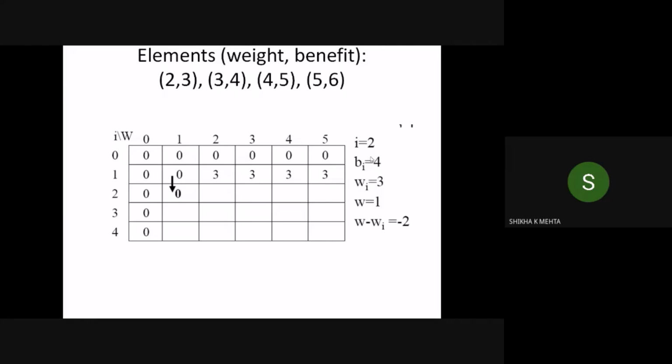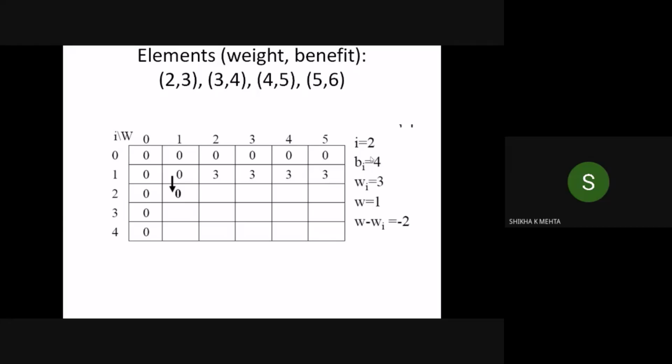So here we see, as we move on to the second item, the weight of the second item is 3 and the benefit is 4. Here I'm referring to the item that is given on the top. But if our item has weight 3, and 0, 1, 2 are the knapsack weights, the item with a weight of 3 cannot be accommodated in the knapsack of weight 0, 1 or 2.